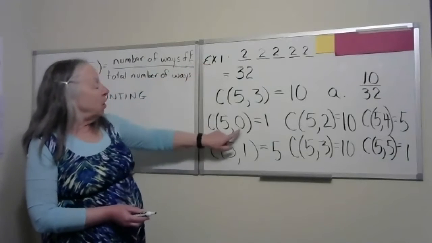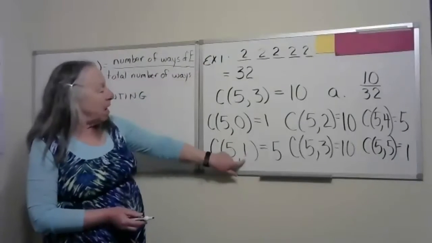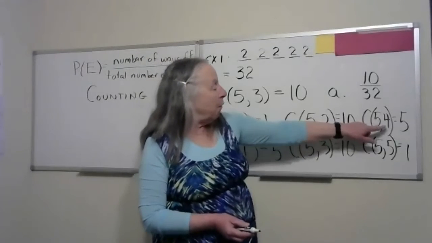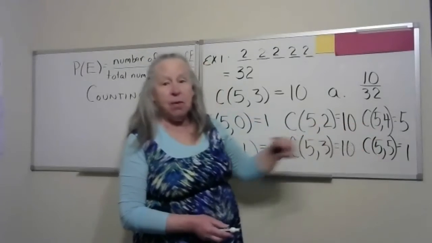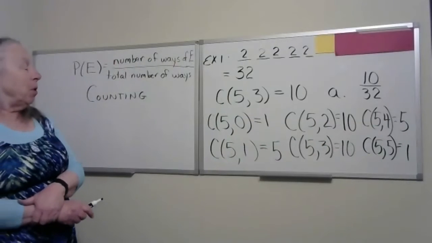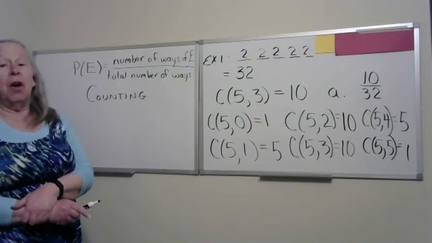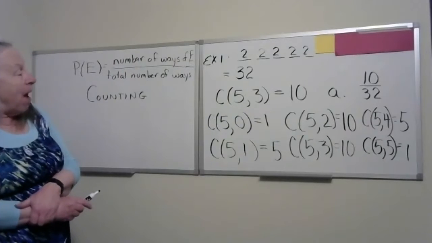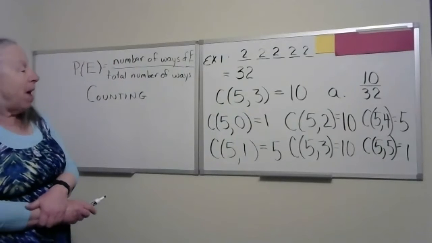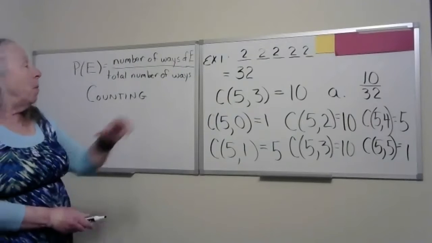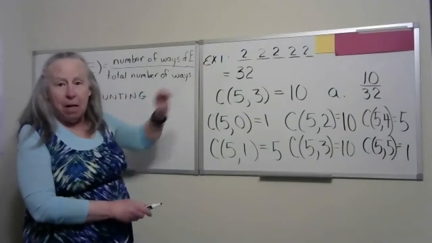So this is no tails, one tail, two tails, three tails, four tails, five tails. That's all the ways that that particular experiment can occur. When we add up all of the number of outcomes in each of those events, we come up with the total number of outcomes in our sample space.